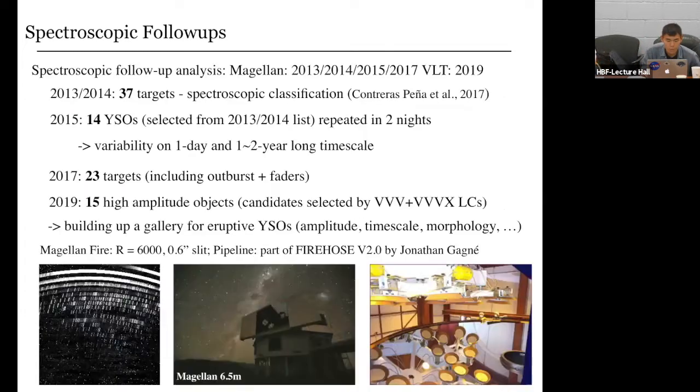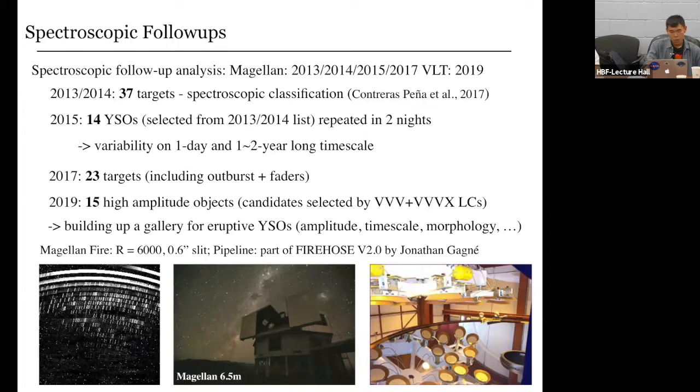So this is our strategy plan for the spectroscopic follow-up. We started the follow-up in 2013 on the Magellan telescope. In 2013 and 14, we observed 33 targets and did spectroscopic classification, which is published in Carlos' paper.